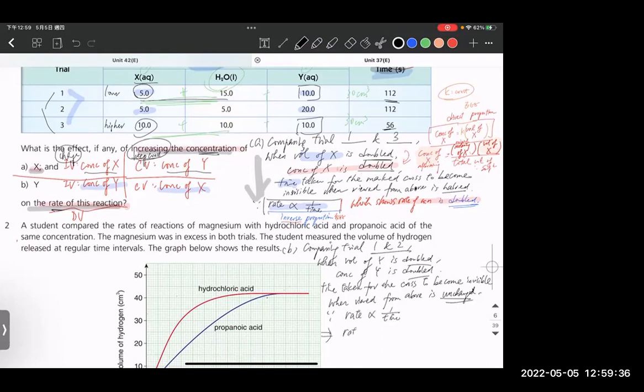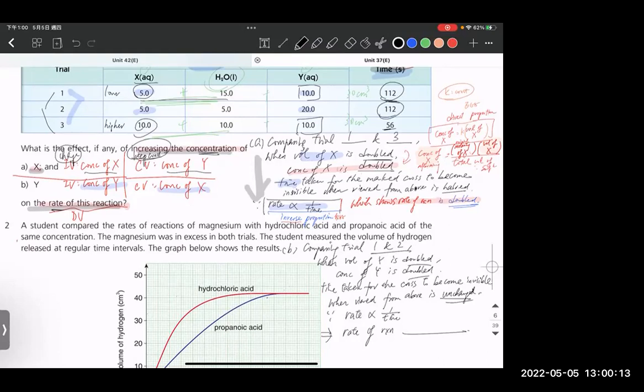The rate of reaction. How does it affect the rate of reaction? Is the time the same? Unchanged, which means that it is 112 seconds, right?